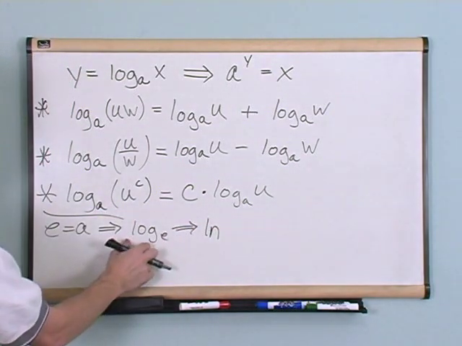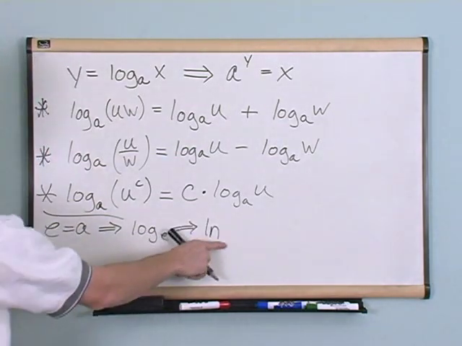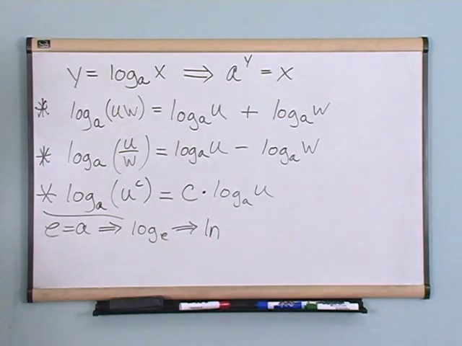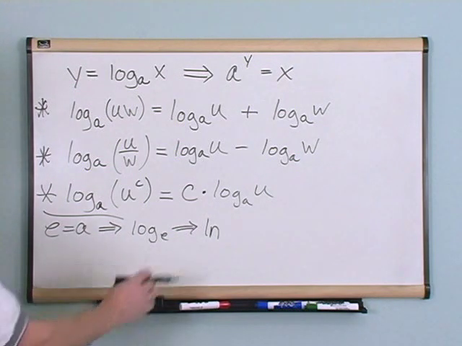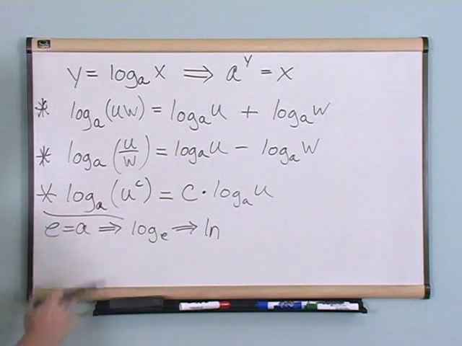So instead of writing log base e of whatever, you would write ln of whatever. This ln stands for natural logarithm, because you'll find that natural logarithms with the base e and exponents with the base e are all over the place in nature, in population growth, bacteria, any number of different places where it pops up.